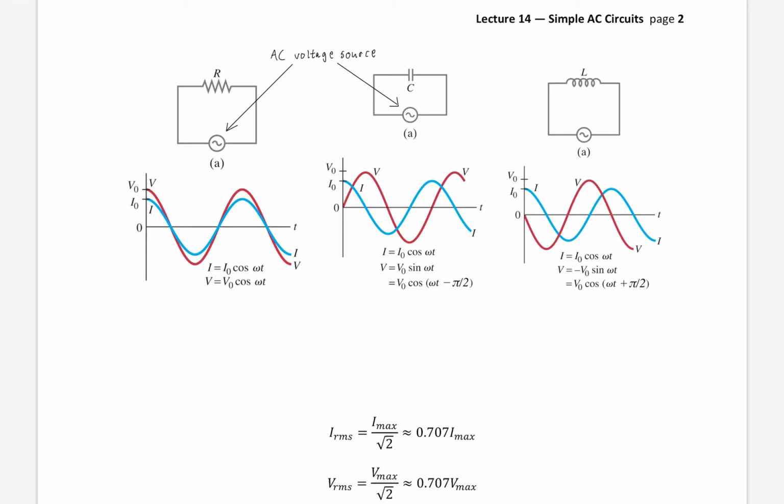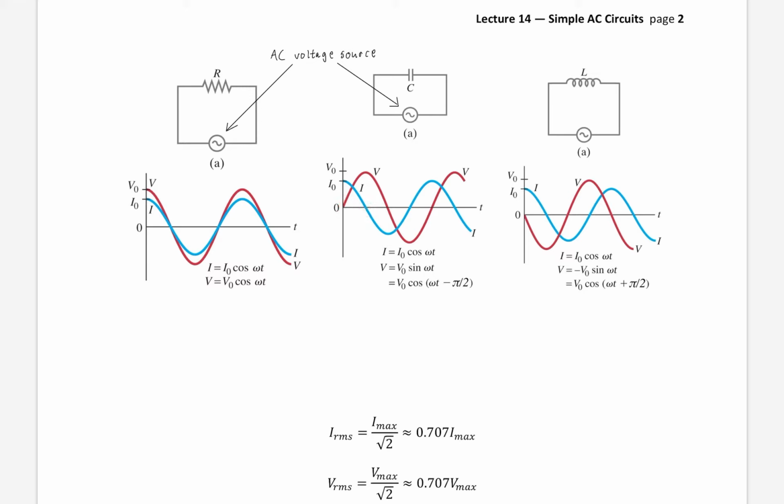Because of that effect, there is a phase angle between the voltage and the current, okay? So now we see that the voltage is shifted from the current, okay? In other words, when the current is maximum, the voltage is 0. When the current is 0, the voltage is maximum, okay?